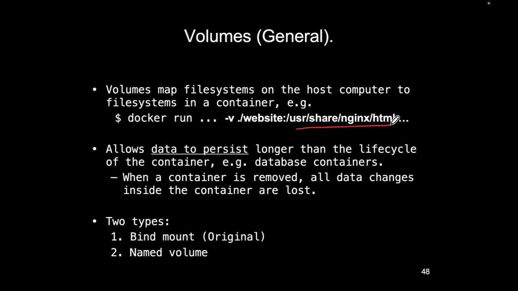You might remember this path relates to the Nginx image, but that last part isn't really important. Okay, this is one way of specifying a volume mapping for a container.